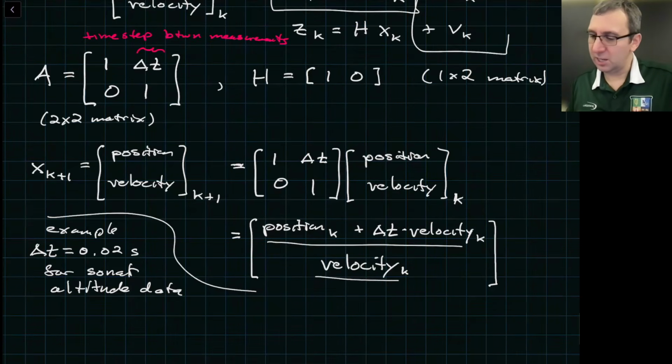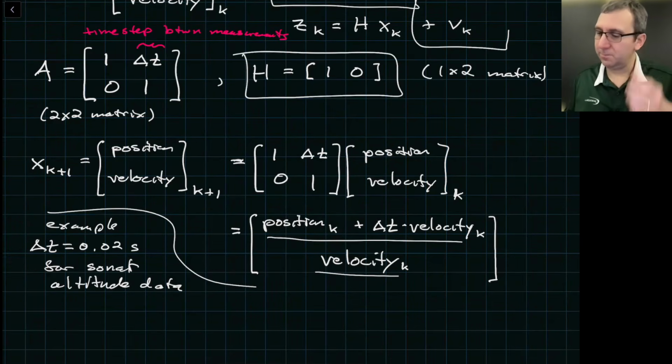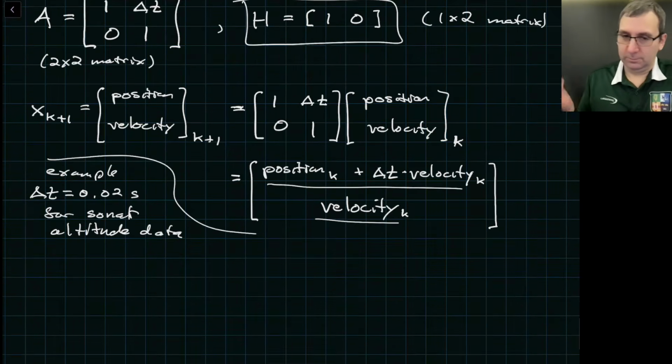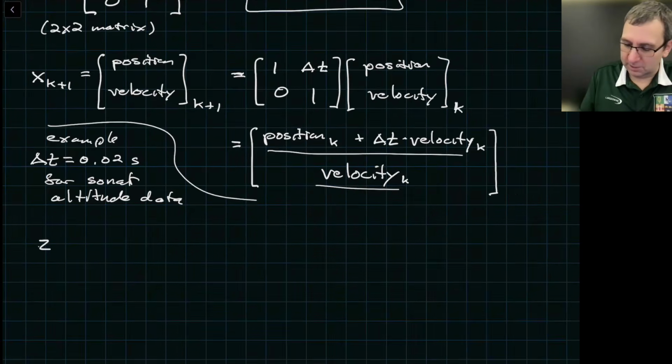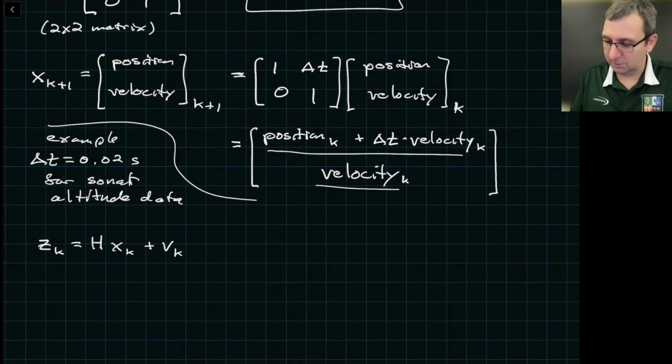All right, what about Z or H? I said H is this. Why did I say that? Well, let's just see what it gives us. Z k equals H x k, and here I'll keep the noise because there's going to be noise.